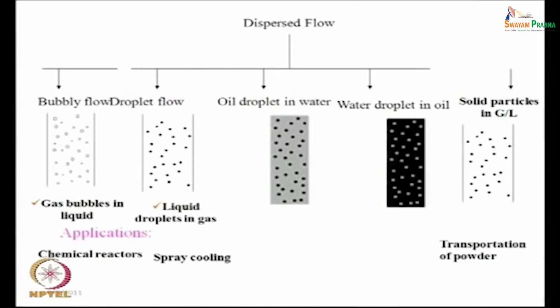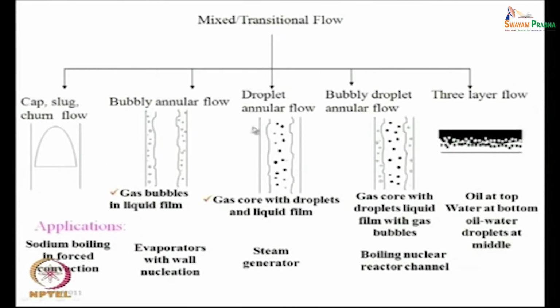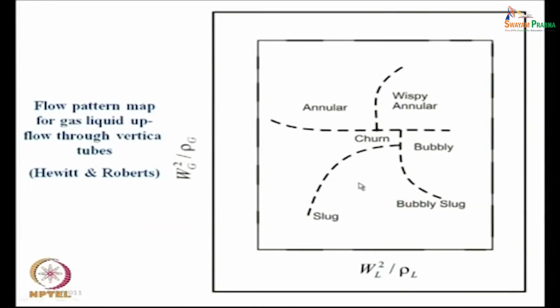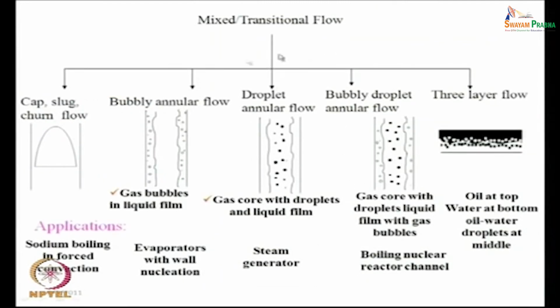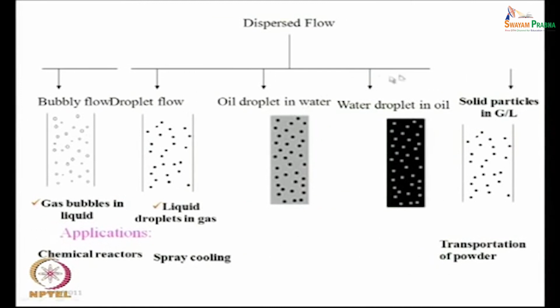So, here I just have the schematics, in summary, which show the dispersed flow patterns, the transitional flow patterns, as well as the mixed and transitional flow patterns, so that you can have an idea regarding these things in a nutshell.